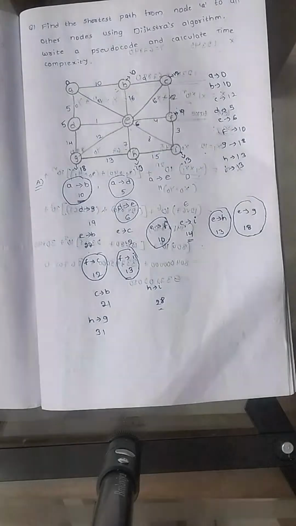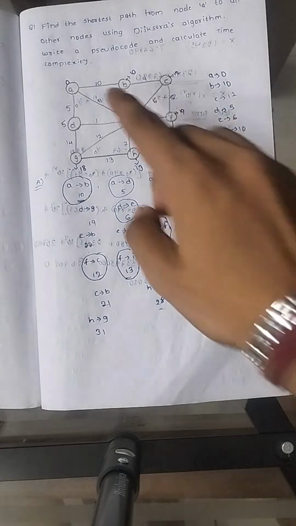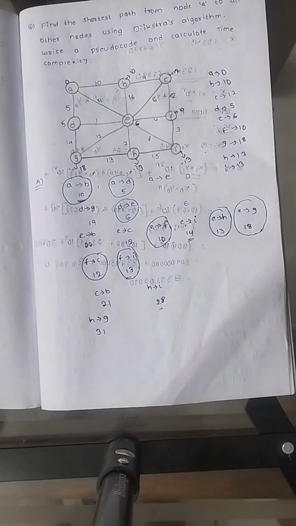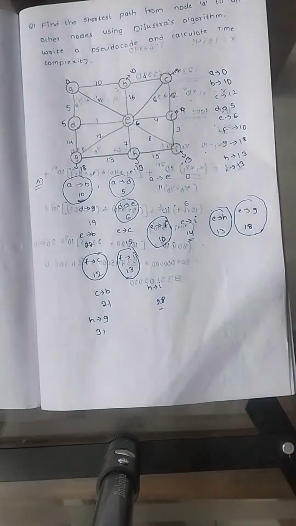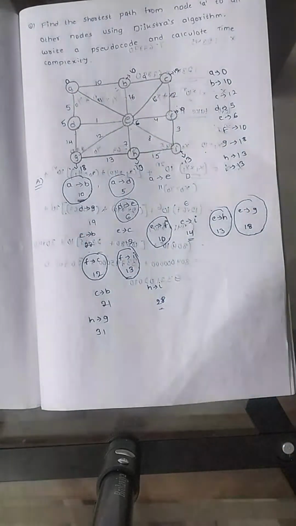What is meant by Dijkstra's algorithm, guys? It is finding the shortest path from one node to all other nodes. Imagine you are A, say Animesh Sharma from our live. The node A is his house, and we have to find the distance to the other friends' houses.